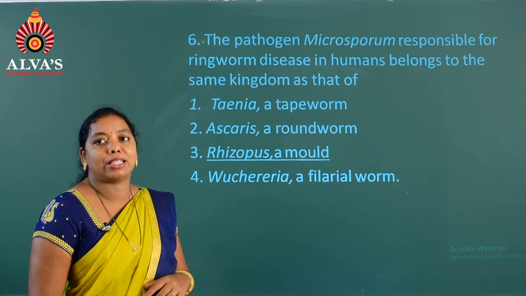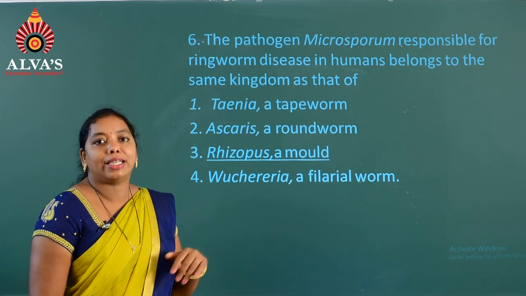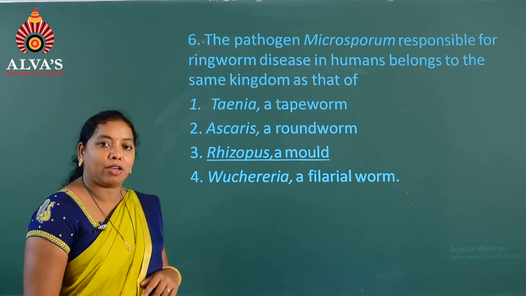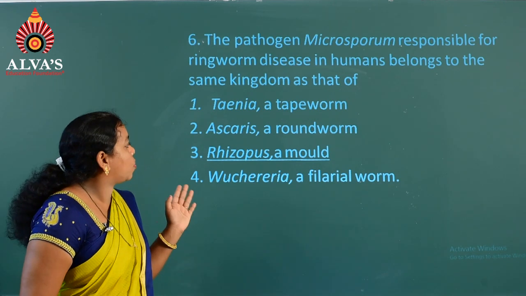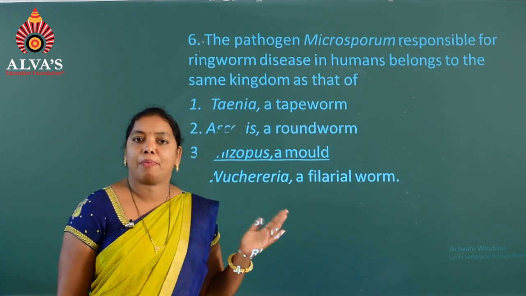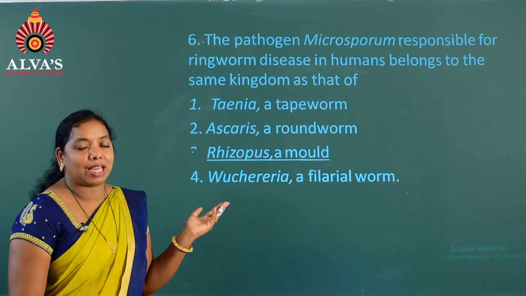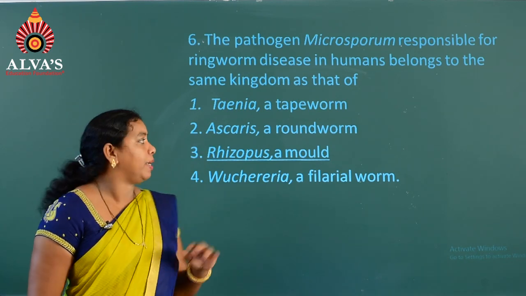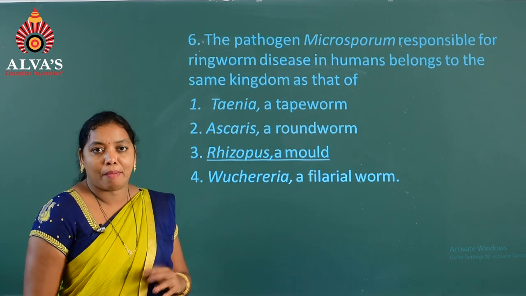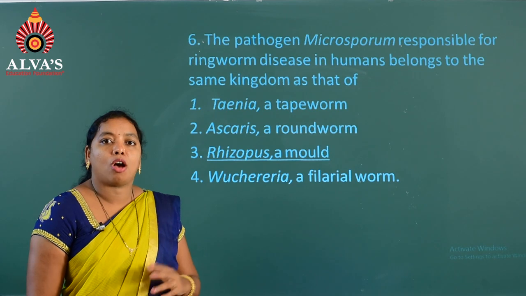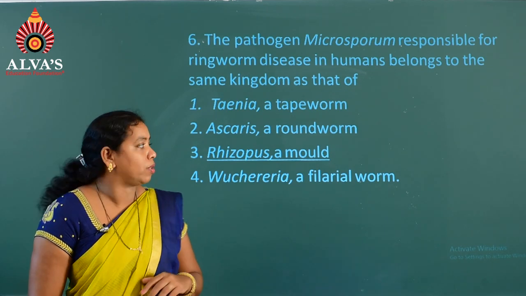Taenia is a worm which comes under the phylum Platyhelminthes, commonly called a tapeworm, and the next one is Ascaris. Ascaris comes under the phylum Aschelminthes, and we commonly classify it as a roundworm. And the next one, Rhizopus: Microsporum is related to Rhizopus, which belongs to the mold family.